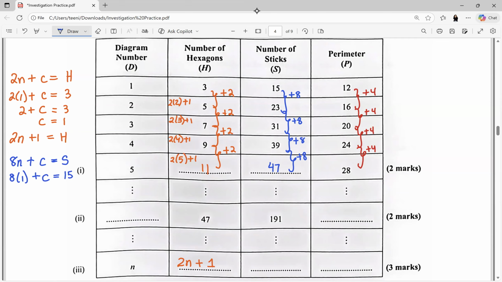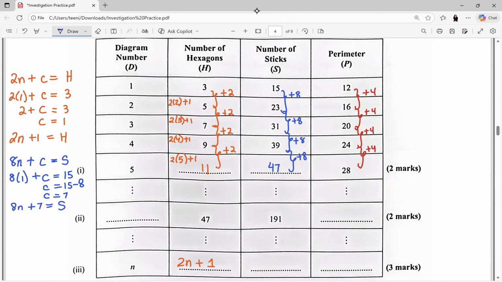And then we rearrange this equation to solve for c. So 8 times 1 is 8, plus c is 15. So c would be equal to 15 take away 8, which is 7. So my rule, therefore, is 8 times the diagram number plus 7 to give me the number of sticks.